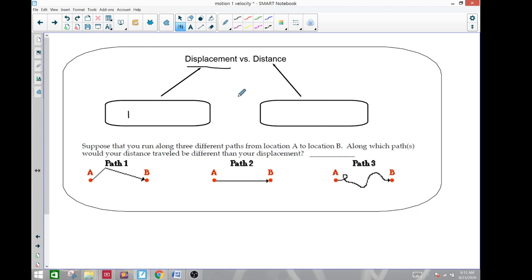Okay, I get these two mixed up. The displacement is the net distance, how much you're displaced. Distance is actually how much you went, the total traveled.